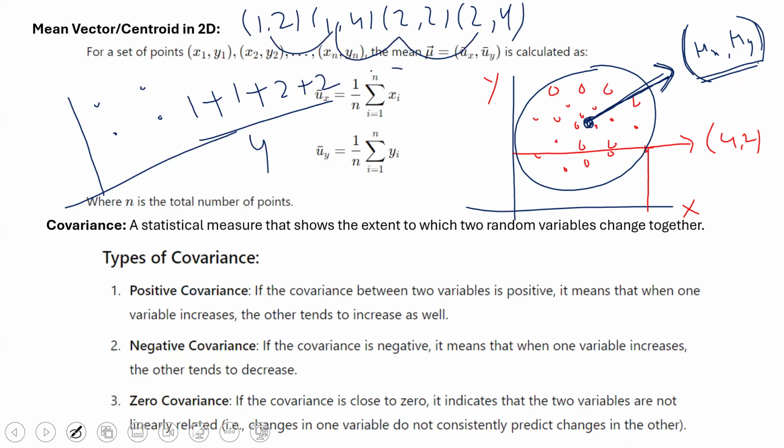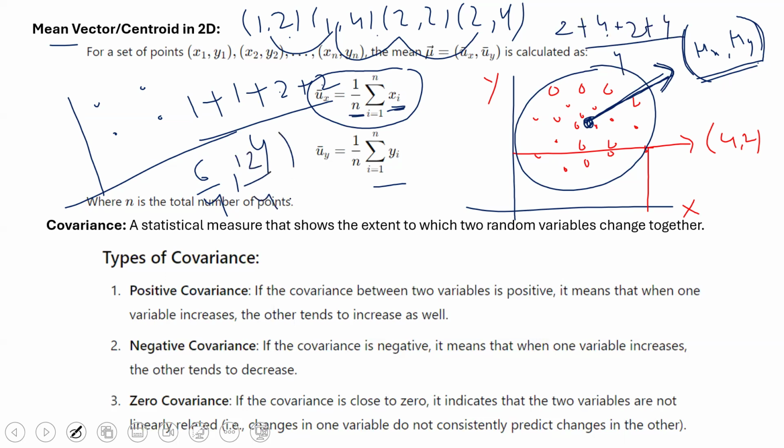That is what this formula says. 1 plus 1 plus 2 plus 2 is 6, so 6 by 4 is the x component of the mean vector. And the y component is 2 plus 4 plus 2 plus 4 by 4, which is 12 by 4. So the mean vector is 6 by 4 comma 12 by 4.